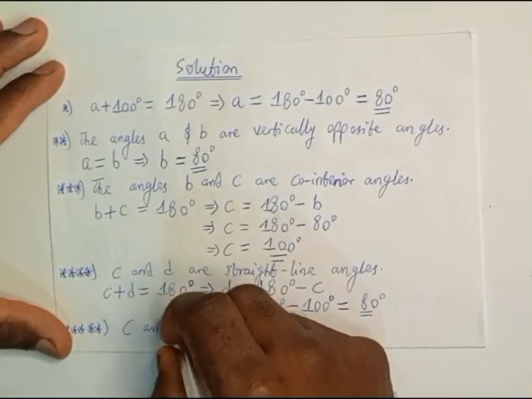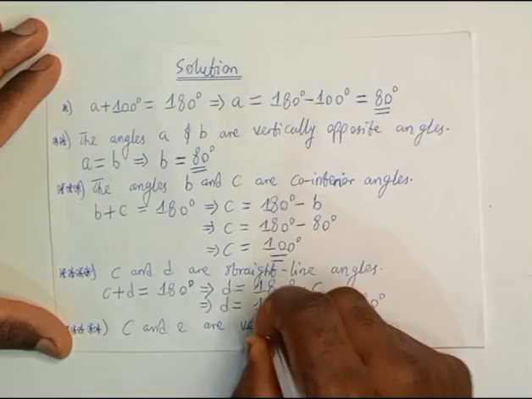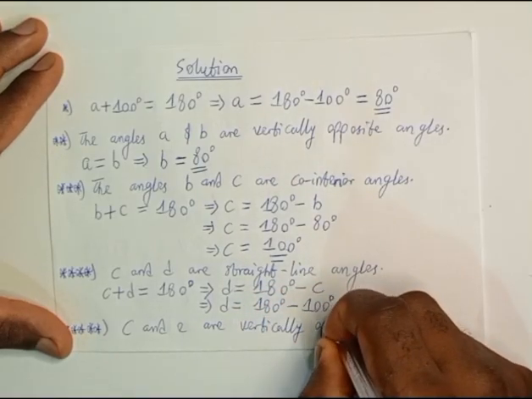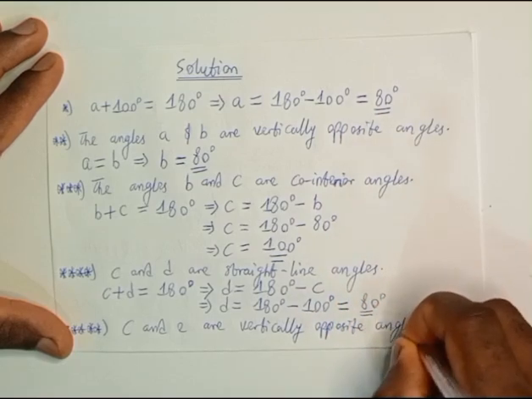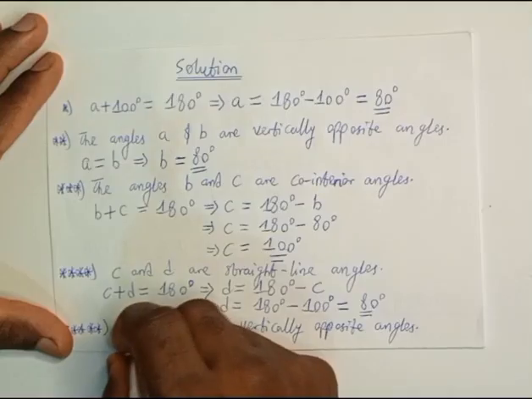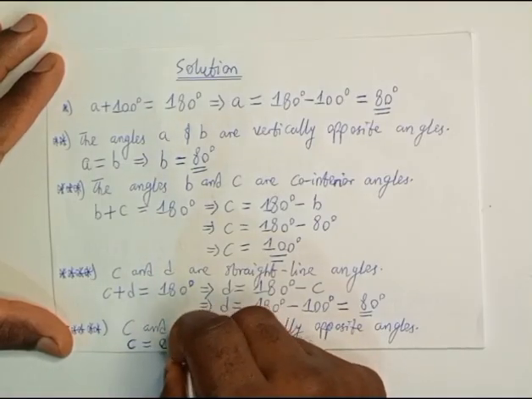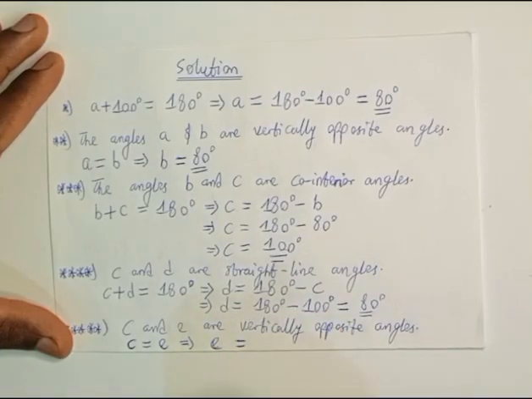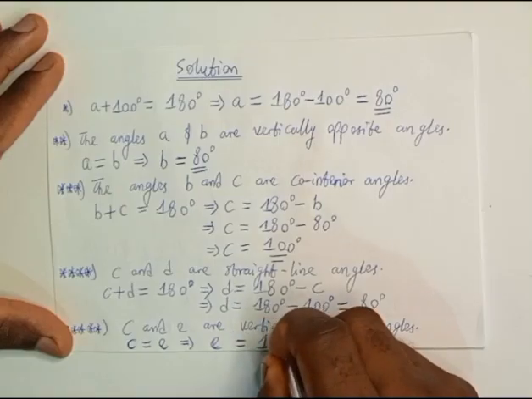C and E are vertically opposite angles. C is equal to E. Then the angle E will simply be equal to the angle C, which is 100 degrees.